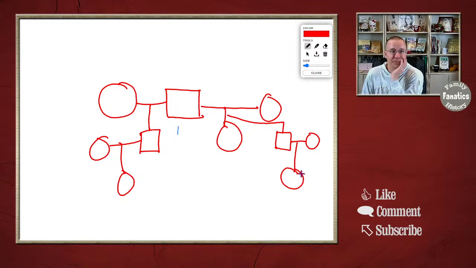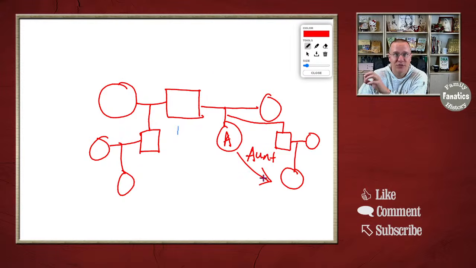Okay? Either one works fine. It's just a matter of knowing what the relationship is and how you are related. So in this case, this adopted daughter, she would be the aunt on this side. So if this is the granddaughter's DNA that we're using, she would be an aunt.